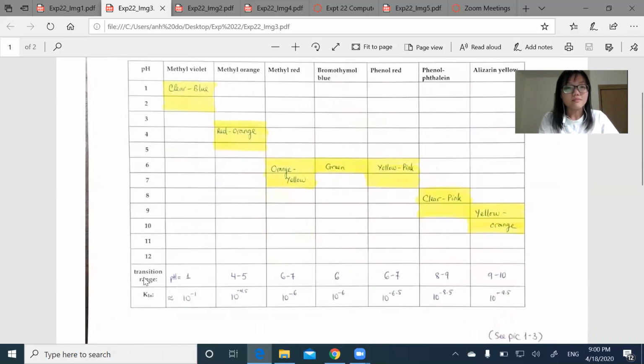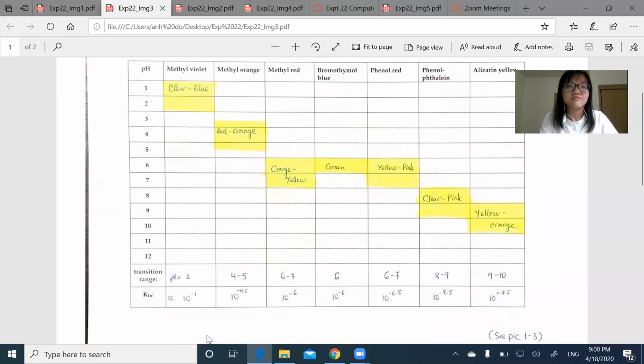Your next job would be to write down the range of pH you are perceiving for a color change. For example, methyl violet should be around pH 1 and 2, so you can just write down pH 1 to 2. Same for the other 6 indicators.